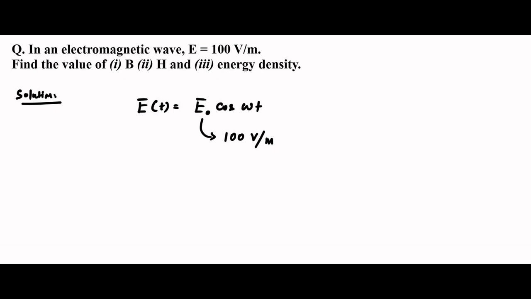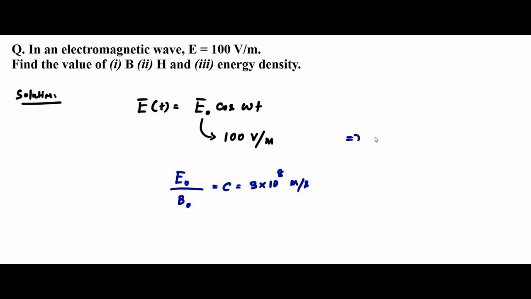Okay. So from this we can calculate B, the magnetic flux density, with the help of the relationship that for an electromagnetic wave, the ratio of the amplitude of the electric wave and the amplitude of the magnetic wave is equal to C, which is equal to 3 into 10 to the power 8 per second.